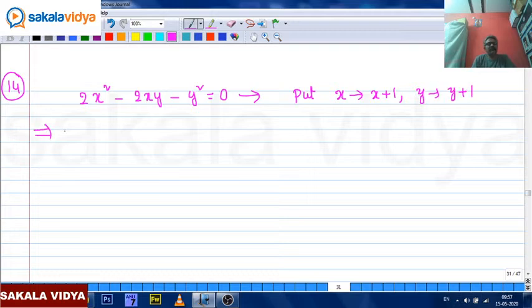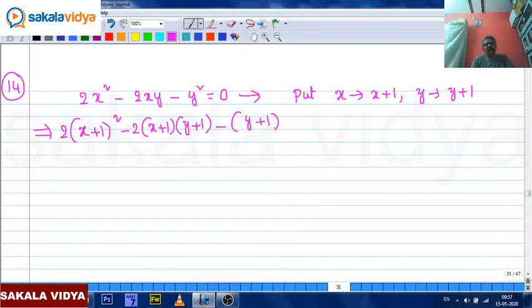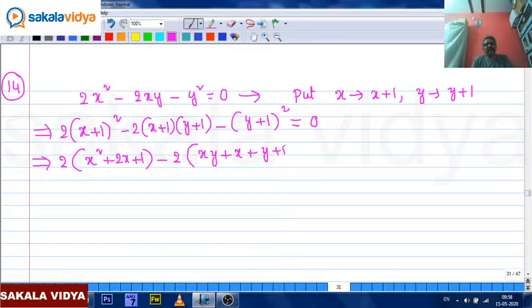So this implies 2 multiplied by x plus 1 whole square minus 2 times x plus 1 into y plus 1 minus y plus 1 whole square equal to 0. Let it be simplified now. So we get 2 times x square plus 2x plus 1 minus 2 times xy plus x plus y plus 1 minus of y square plus 2y plus 1 equals to 0.